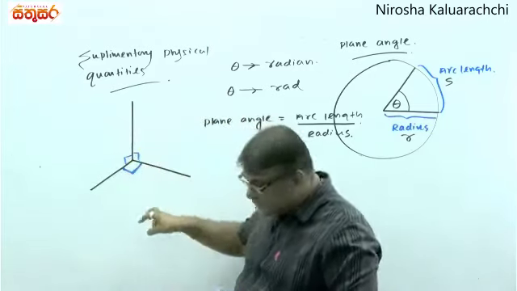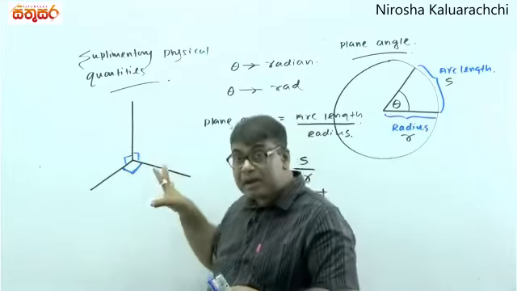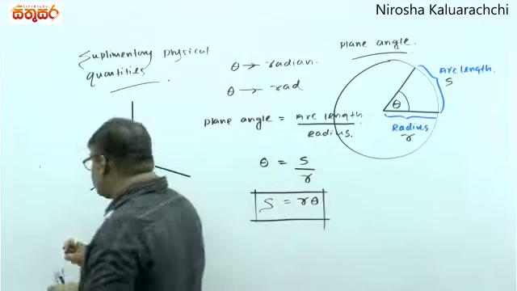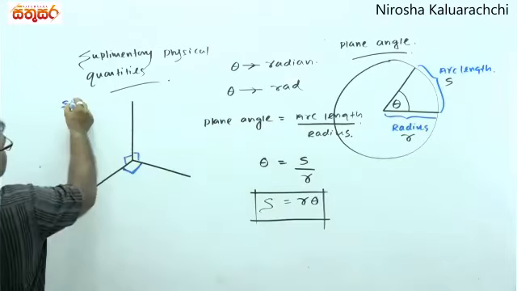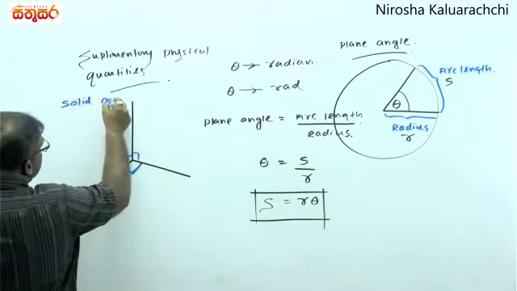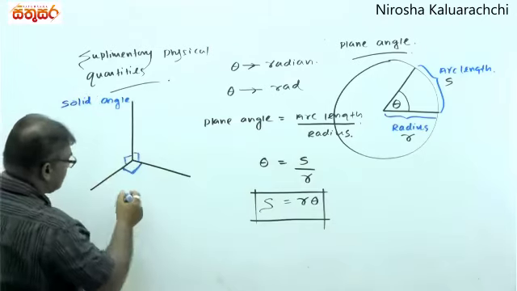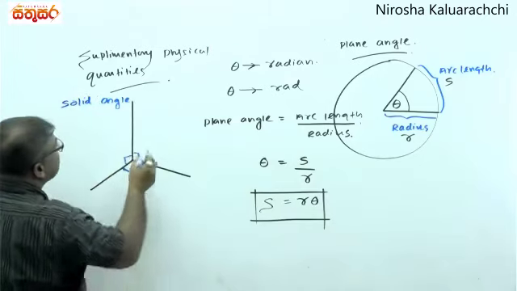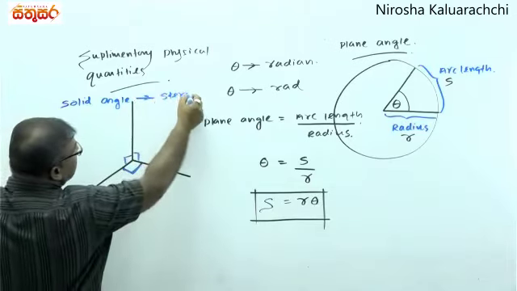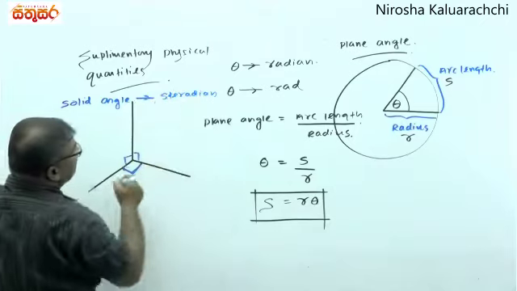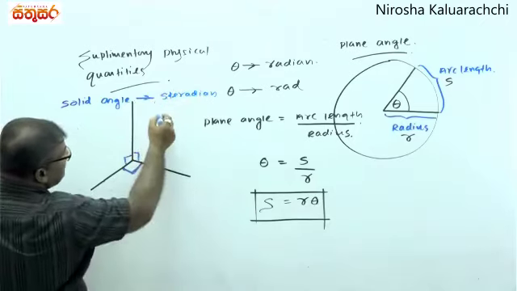This kind of angle is measured by using a special physical quantity. This angle is called a solid angle, right? This is solid angle. And this solid angle is measured by using the unit steradian, right? The symbol is sr.